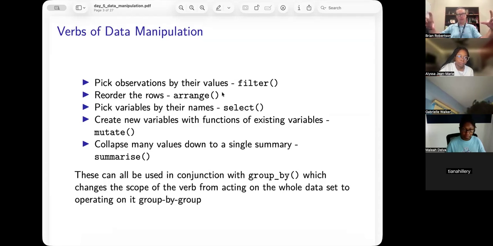And the main verbs that we typically deal with allow us to pick or select our variables. If I want to trim down my number of selections, I can use the filter. And what filter does is just like it does in Excel.